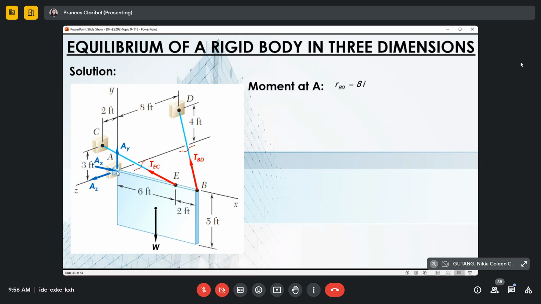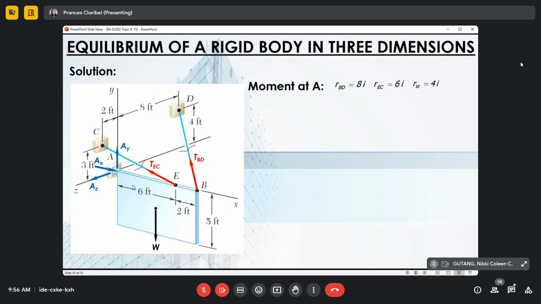So from the point of moment at A to B, the direction is positive 8 along the x-axis only. Next, from A to E, the position vector is 6 along the y-axis.